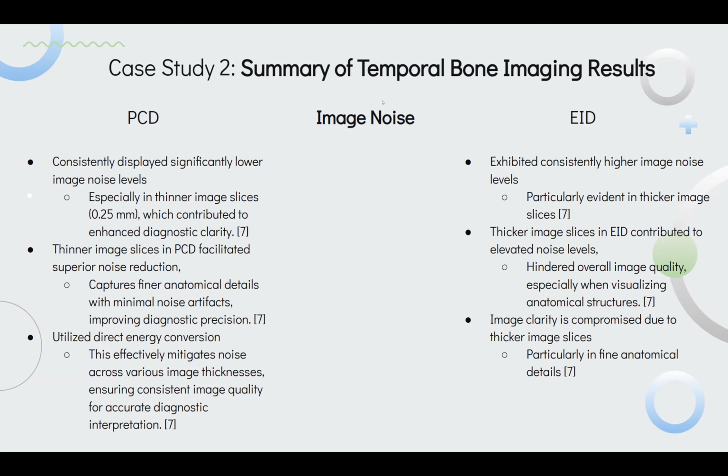And then we were able to utilize direct energy conversion, which effectively mitigates the noise across various image thicknesses that we would be encountering. And in regards to EID, we basically exhibited consistently higher image noise levels, particularly evident in thicker image slices. And the thicker image slices in EID contributed to elevated noise levels, which would impact our overall image quality.